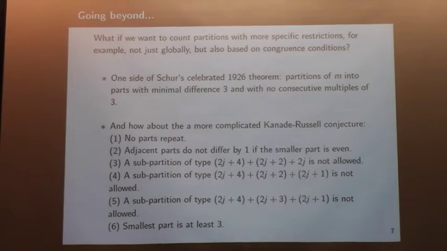So j can be any integer: if we take j to be 0, we're forbidding 4 2, and if we take j to be 1, we're forbidding 6 4 2, that is 6 plus 4 plus 2. Okay, and also, in addition, the smallest part has to be at least 3. So we are not allowing 1 or 2 as parts.